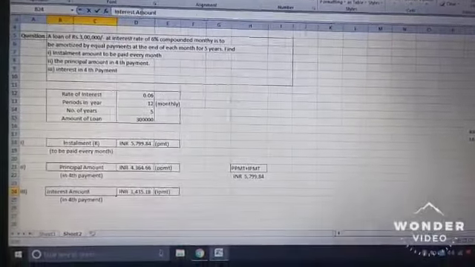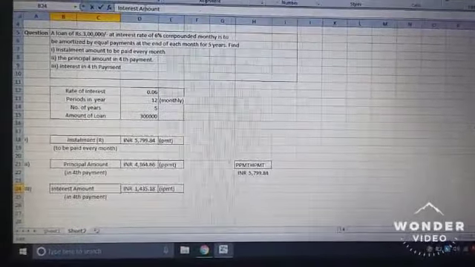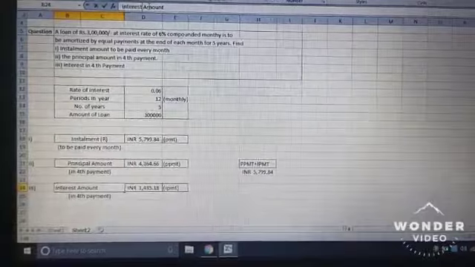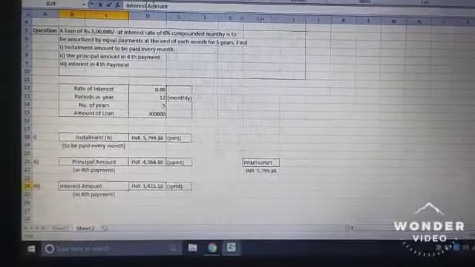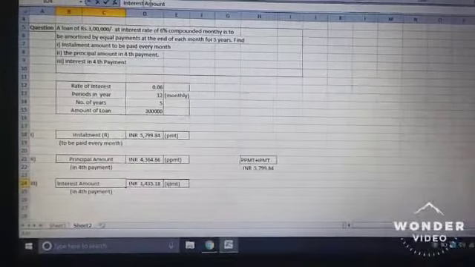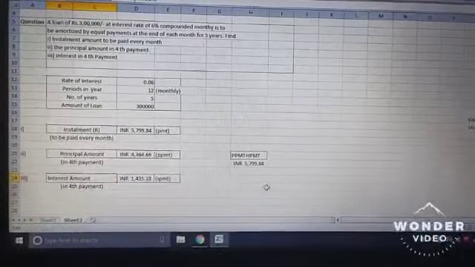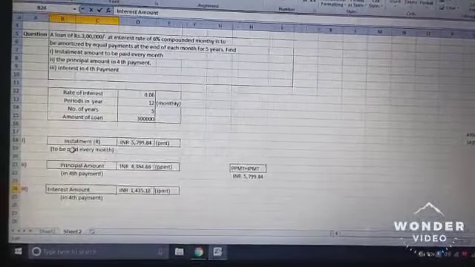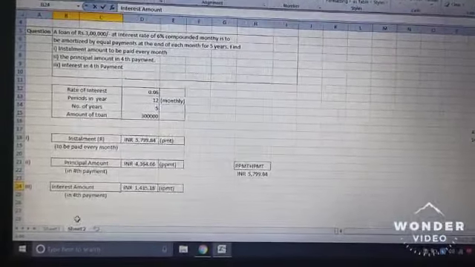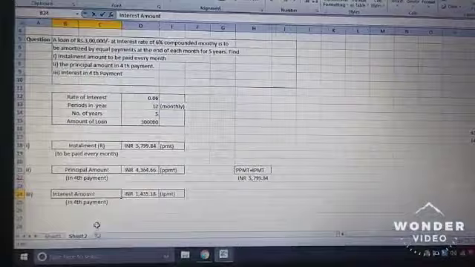The principal amount is INR 4364.66, the interest amount is 1435.18. So when we add this, we get the installment. So principal plus interest gives us the installment. So this is the answer.